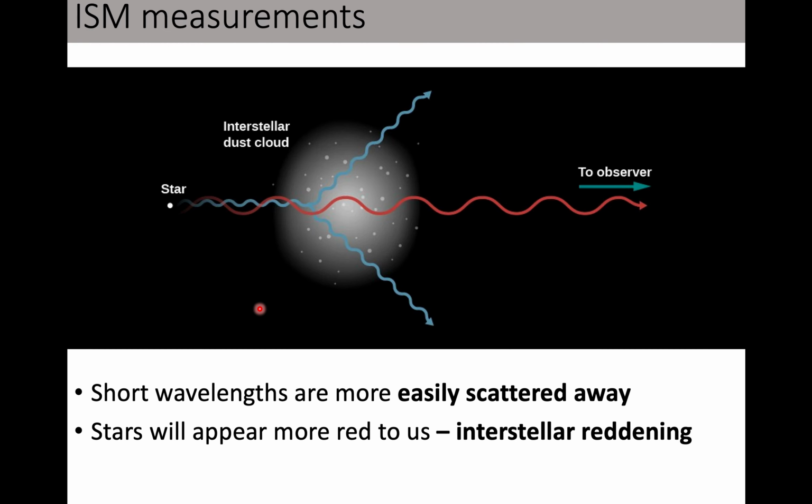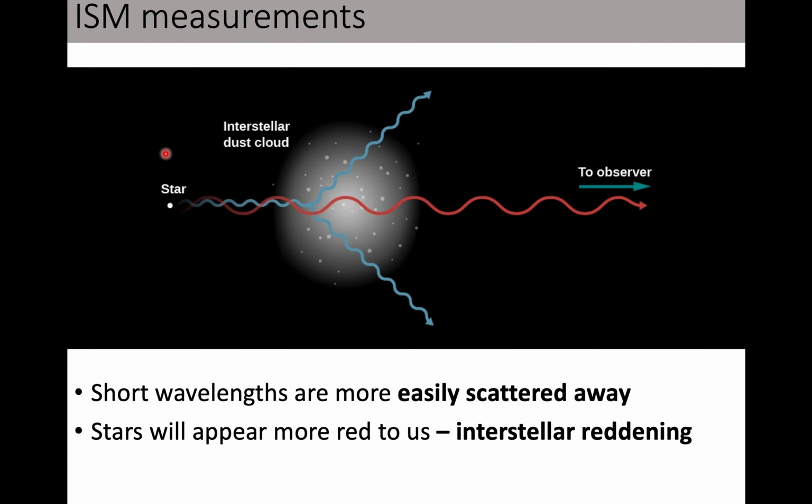When we are thinking about light that is traveling towards us through a cloud of dust, through a cloud of particles such as the interstellar medium, we have to remember that we're observing different wavelengths. We might not be seeing them with our eyes, but we can observe different wavelengths. Shorter wavelengths are more easily scattered.